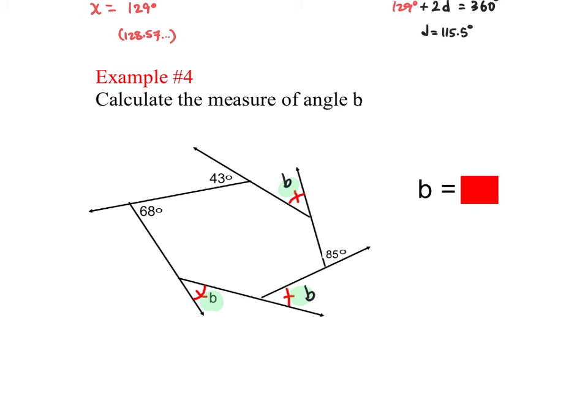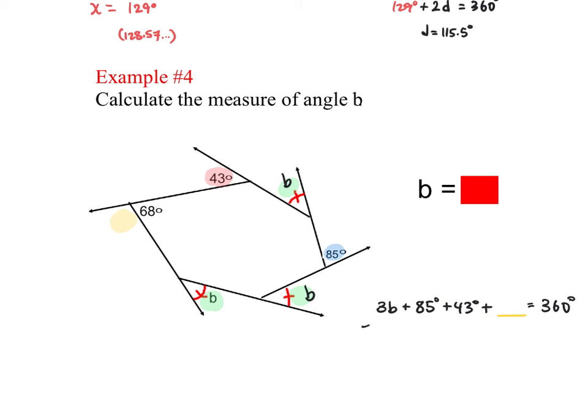Now, angle B added with 85 and with 43 and with this angle, those are all exterior angles of a non-regular polygon. So I could say that 3B plus 85 plus 43 plus this unknown number in yellow, which I can find in a moment, should add up to 360.